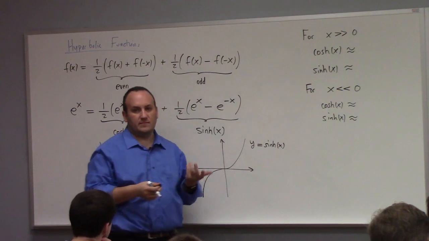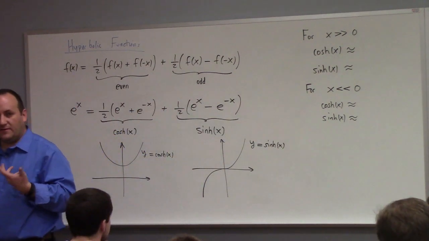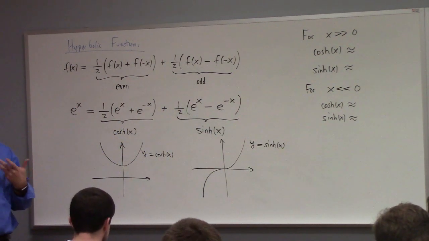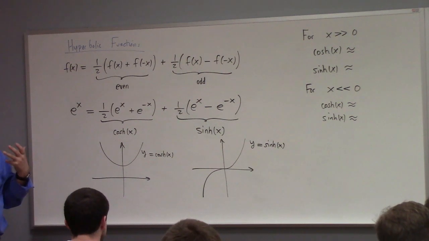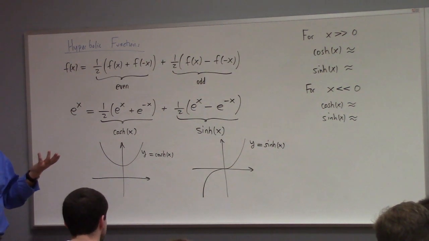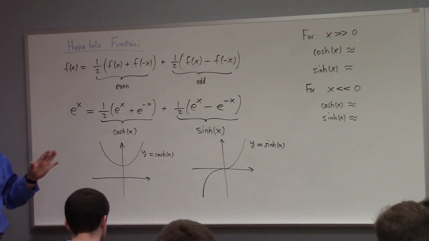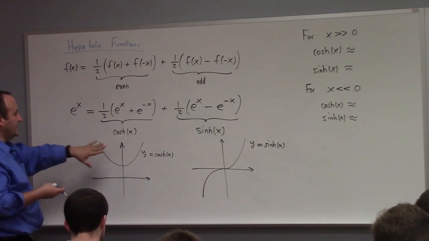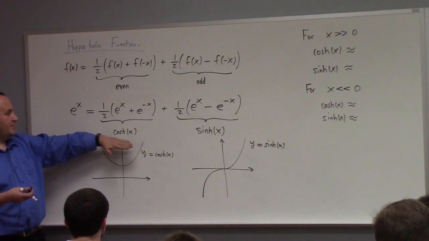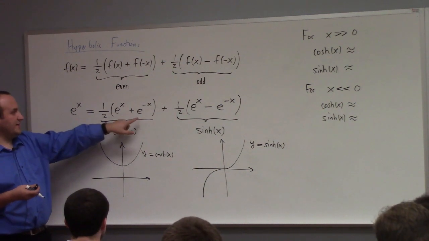So one important idea when you're thinking about how to understand the graph of a function is to think about asymptotics, right? Like what happens when x is really, really large or really, really negative, right? Far away from the origin. So you guys tell me, looking at the definition of cosh here, what happens when x is really, really large? What about e to the minus x?